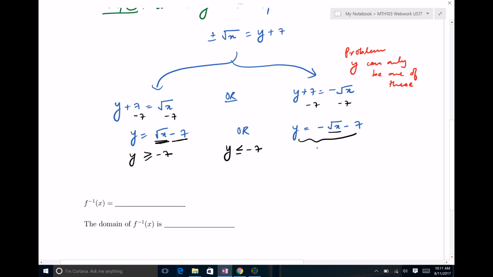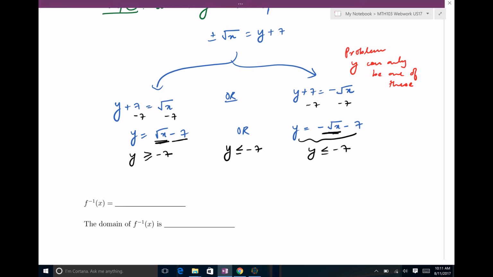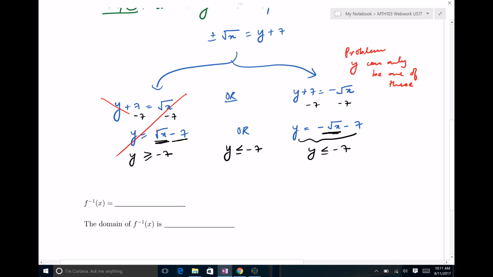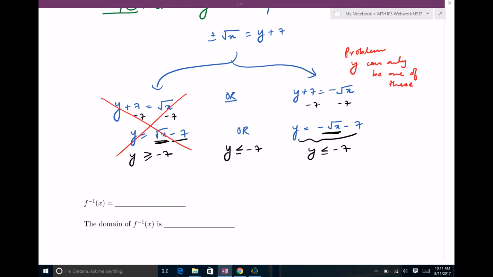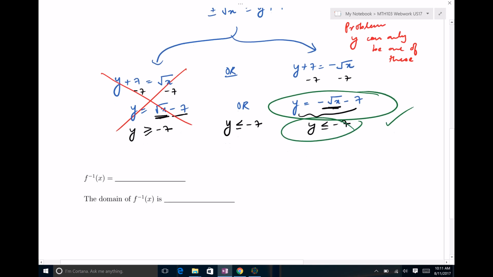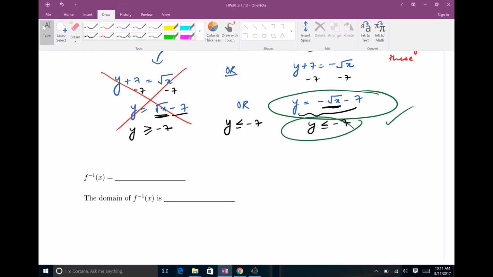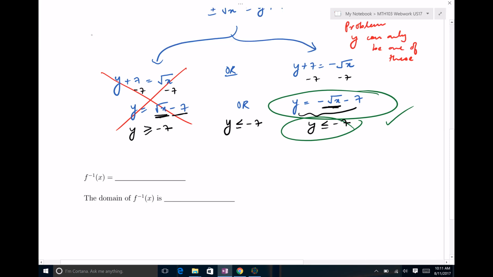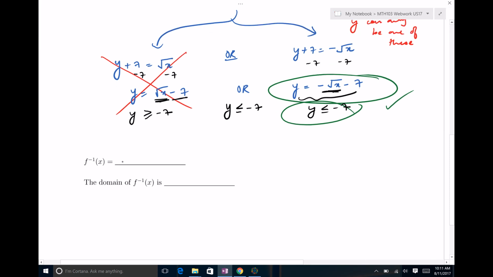Whereas in this case, you have y being less than or equal to -7 because you're subtracting the square root of x from -7, which means that you cannot accept this part of the answer, but in fact you will accept this part since it satisfies the condition that you had. So f inverse x is rightly going to be equal to the second part that you worked out, and this is also step 4, rewriting this as f inverse x equals negative square root of x minus 7.